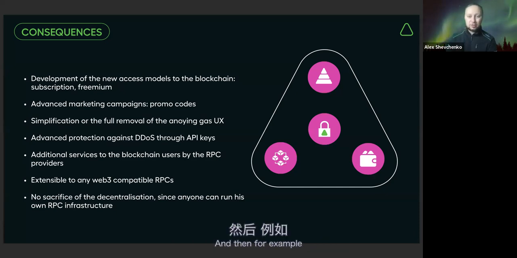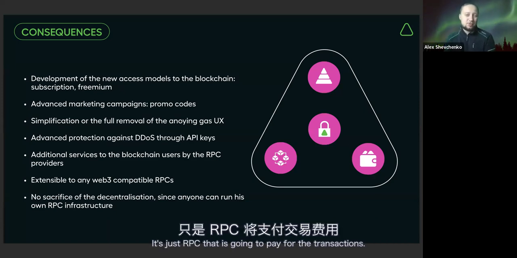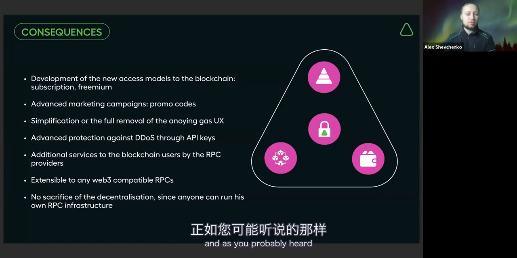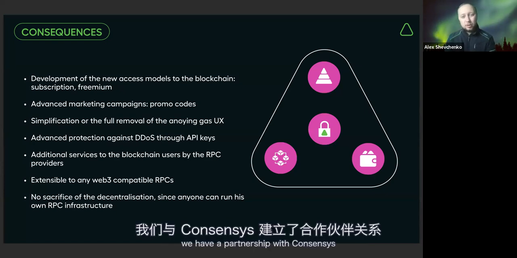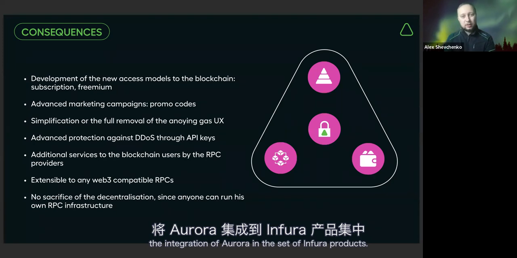And then, for example, you can say that the gas price for all of your transactions in Ether is 0, and it's just the RPC that is going to pay for the transactions. In fact, we are embracing this decentralization. And as you may have heard, we have a partnership with Consensus, and we are working with the Infura team on the integration of Aurora in the set of Infura products.